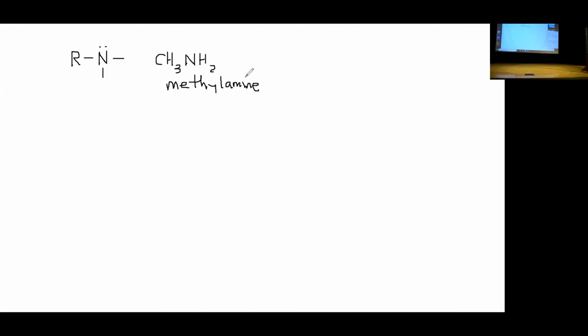Other examples maybe of common amines. What about this one? So you still need to know your alkyl groups. If you need to go back and review them, that's fine, but you need to know that these are both isopropyl groups, and this compound can be called simply diisopropyl amine.